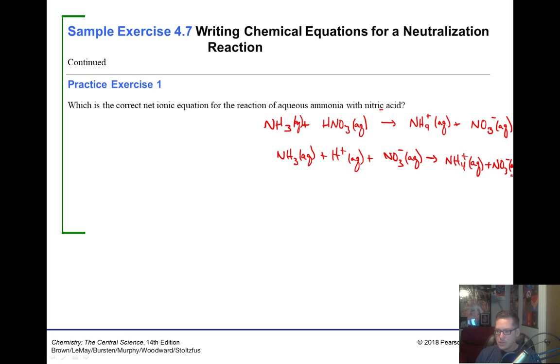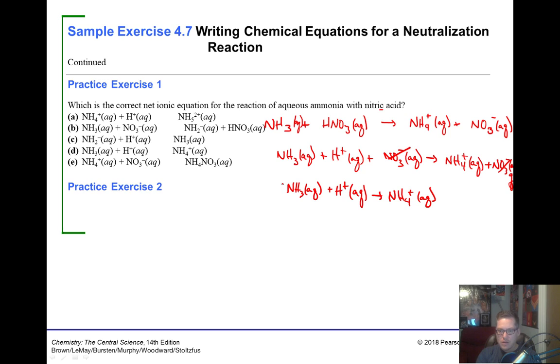Oh, I've run out of room. So the NO3 minus is going to cancel, and then everything else is going to be left. So we'll be left with NH3 aqueous plus H plus aqueous, which reacts to form NH4 plus aqueous. There's our net ionic equation.